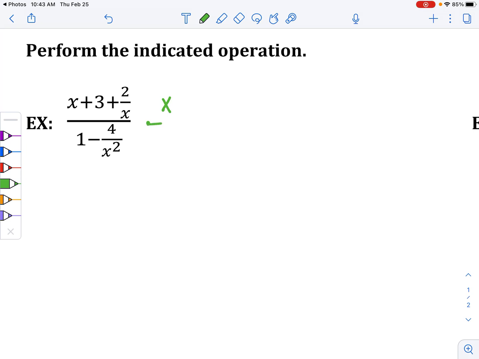And then you're thinking, okay, I can also multiply the entire denominator by x squared to get rid of that denominator. But have you ever heard of being able to multiply one by x and the other by x squared in a fraction? No, you can't do that. That's not algebraically correct. It's not performing the same operation.